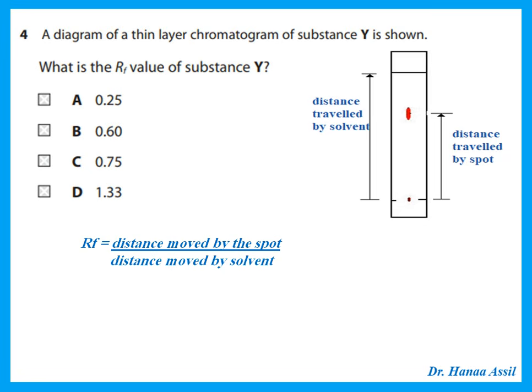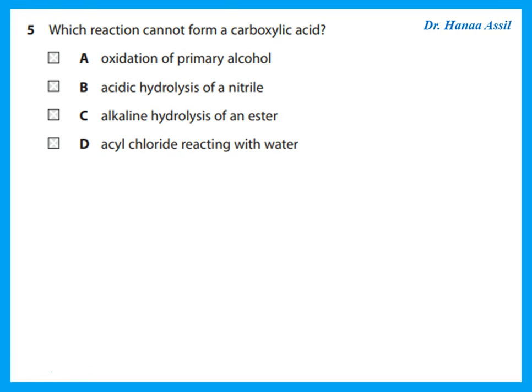RF values have to be always less than 1. Now, is it 0.25? 0.25 means the spot is very low, only a quarter of the distance. 0.6 also is not correct, so it is 0.75. It's about 3/4 of the distance, and if we're not sure, we can measure the distance using a ruler.